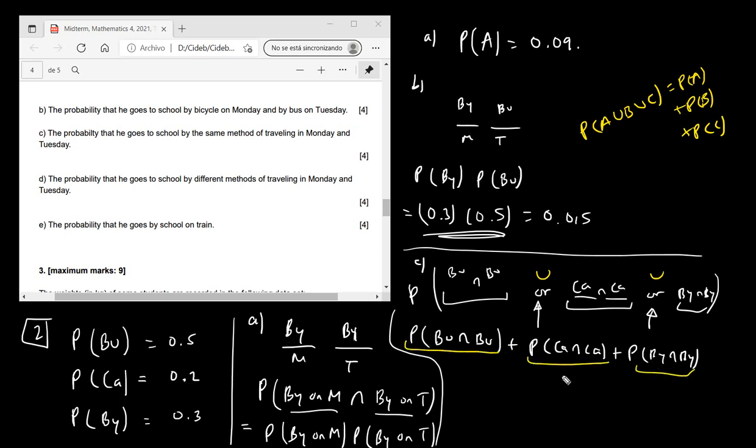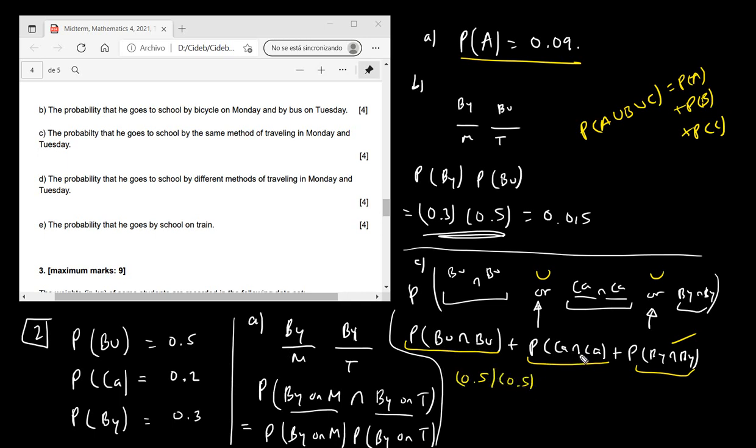I mean, we already have this one, which is going by bicycle and bicycle. It's 0.09. So it's basically just a multiplication. And therefore, the probability of going by bus and bus will be 0.5 times 0.5.